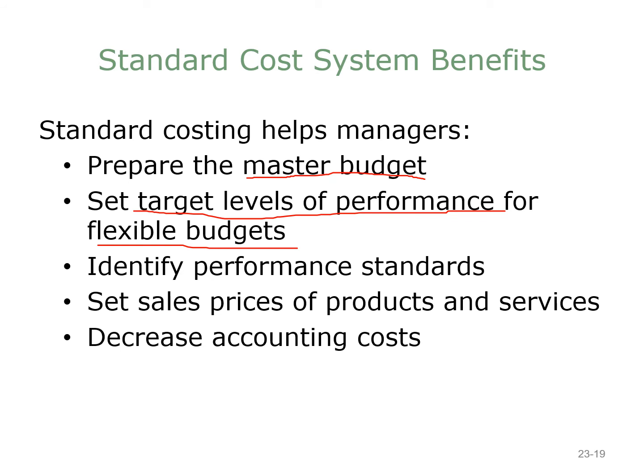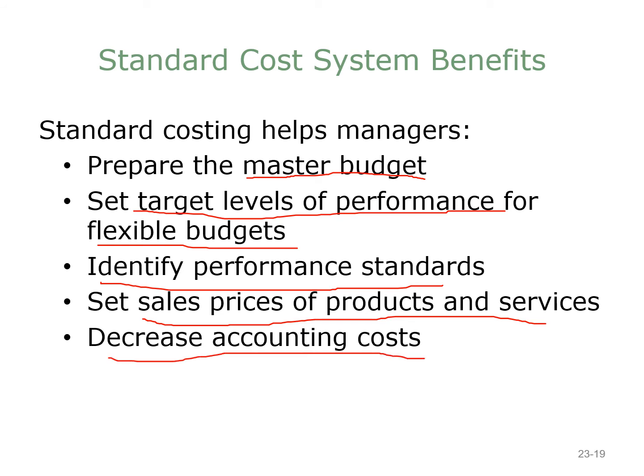So one of them mostly will be the static budget. Identify the performance standards that we are going to evaluate the performance based on. Set sales prices of product and services, and decrease the accounting cost by making the variance less every year.